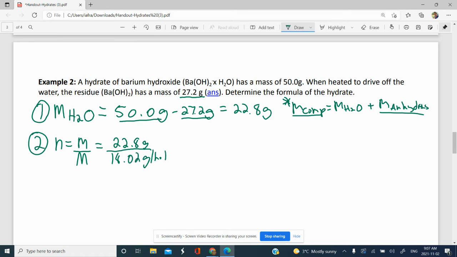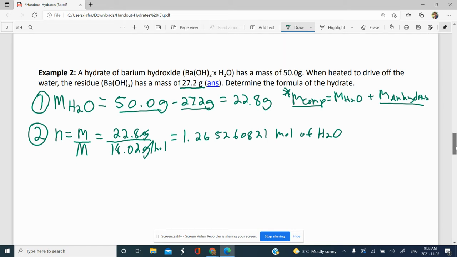Cross out the grams, and you get 22.8 divided by 18.02, and you get 1.265260821 moles of H2O. I'm not going to round just yet because we're not done doing all the work.